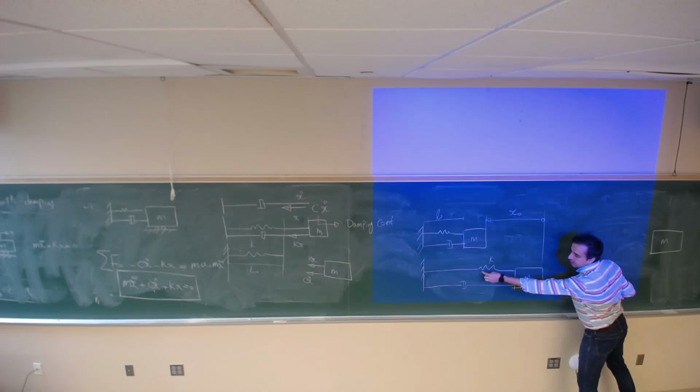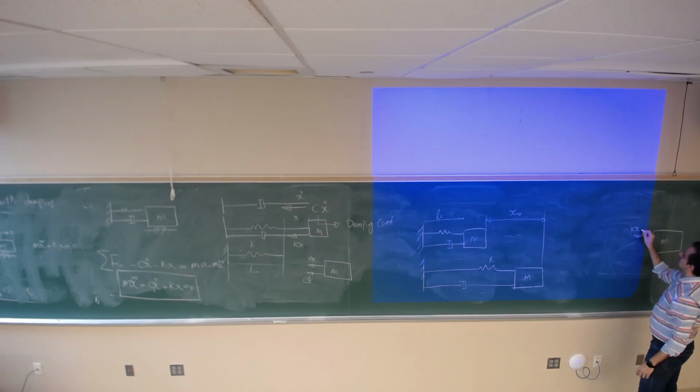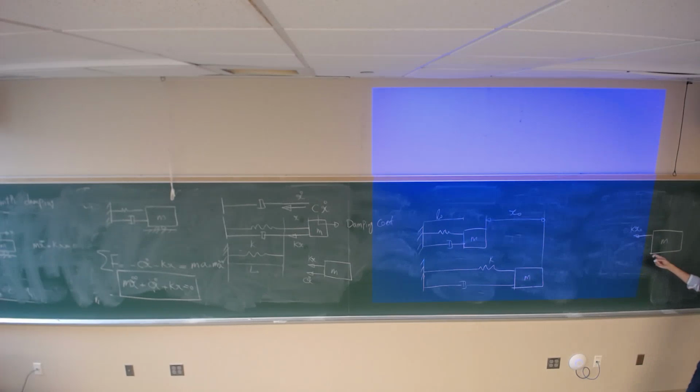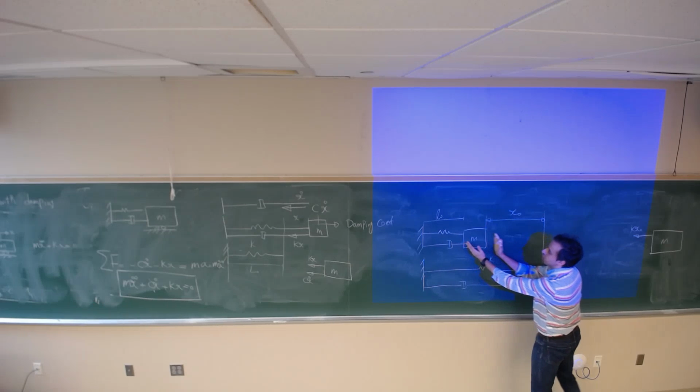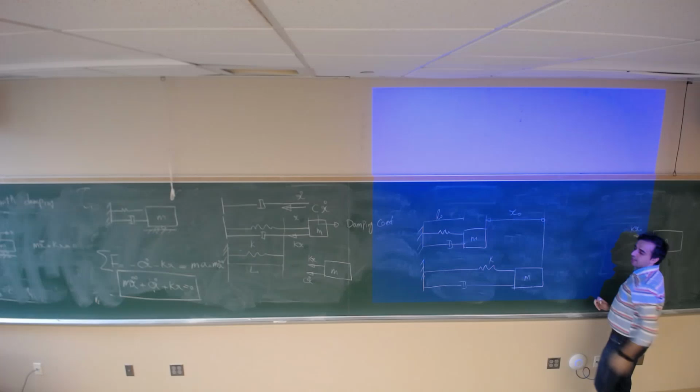One force is due to the deflection on the spring, k times x naught. How much will be the force due to the damping? What will be the force due to the damping, if I move this mass from the relaxed position by x naught and keep it here before I release that?